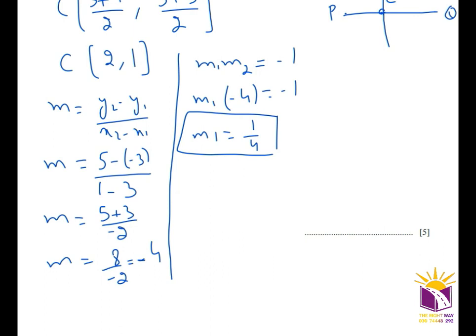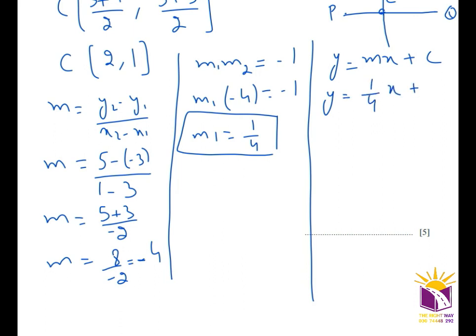Now the equation. What is the equation? The equation is y equals mx plus c. y will be equal to 1 over 4 x plus c.